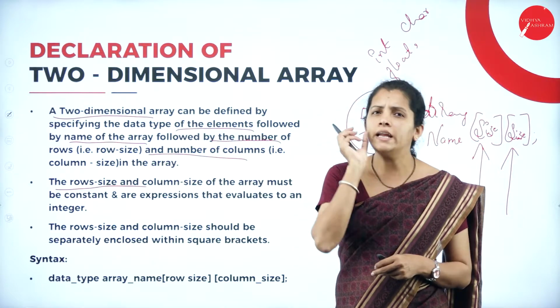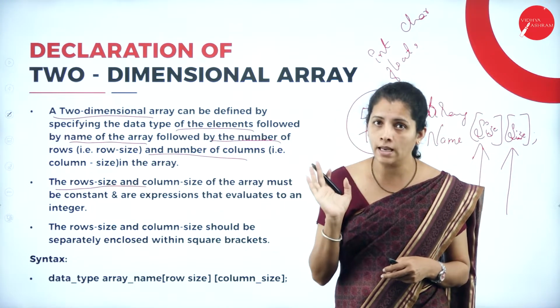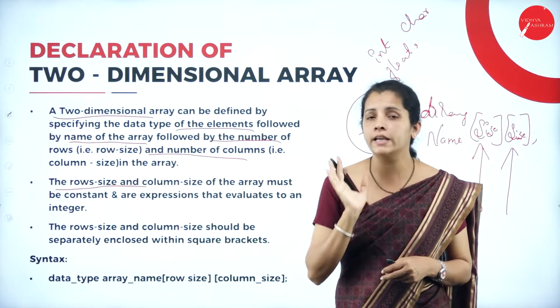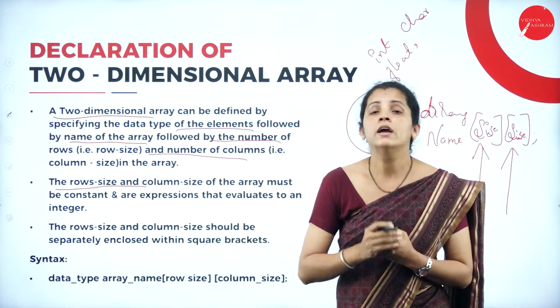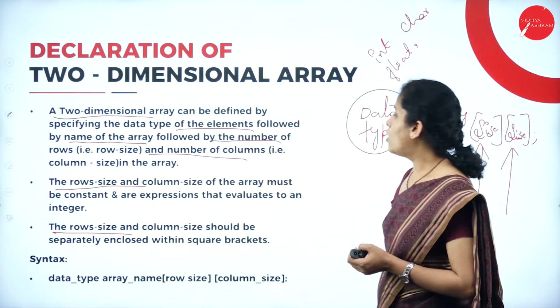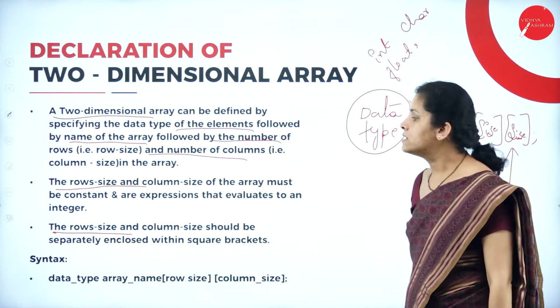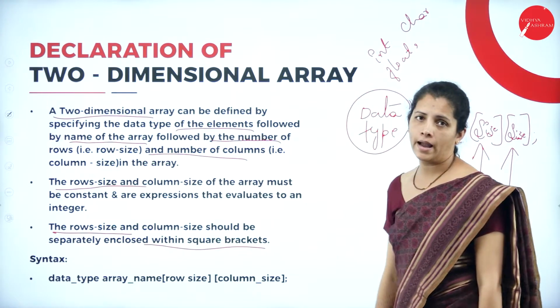And whatever index I specify must be a whole number, in the sense that it is an integer. I cannot have any fractional index number. The row size and column size should be separately enclosed within square brackets.